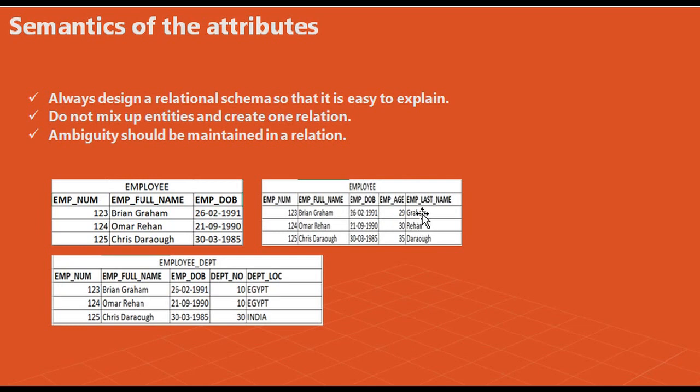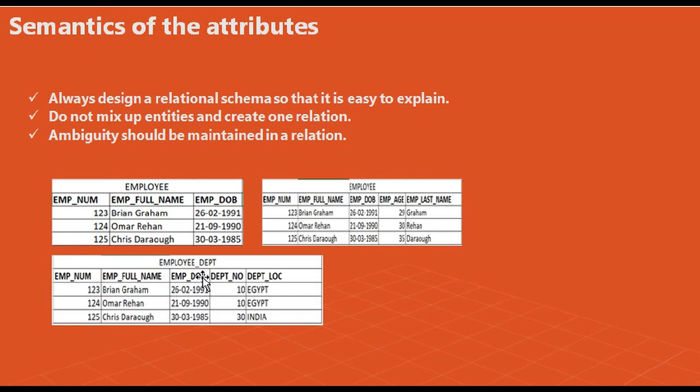Now come to the third table, which is employee department. If you see the name, it conveys the information of each employee and his or her associated department. Now the rule says do not mix up real life entities into one. Here employee is a real life entity, department is also a real life entity.